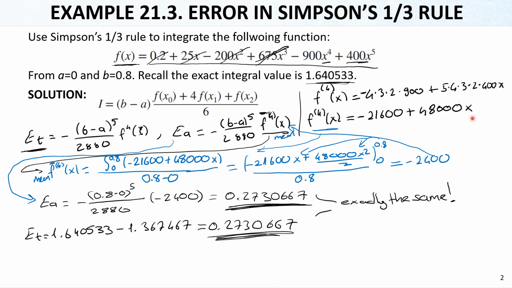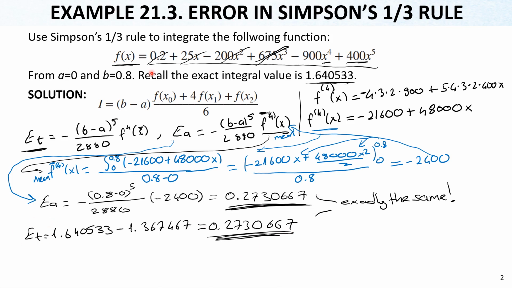This is linear, and the error for Simpson's rule is exact for first, second, and third order functions as well, because this is fourth order. So because the derivative is lower than the fourth order, it should give us exactly the same result as the true value.